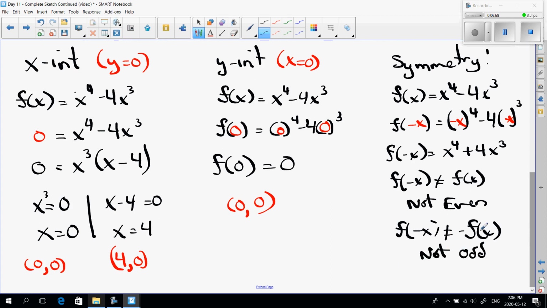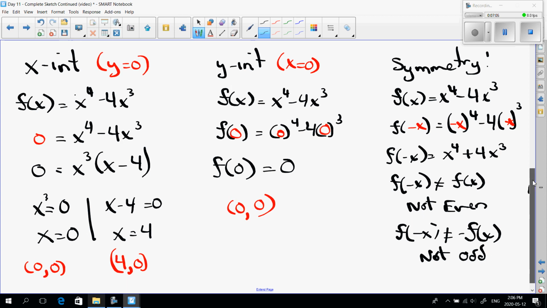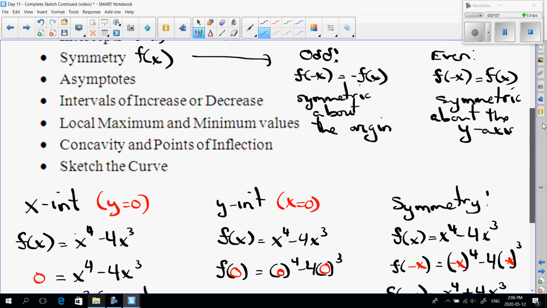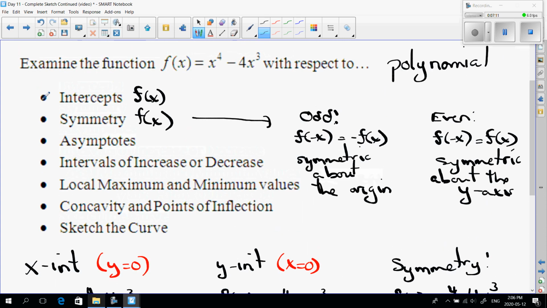Rather than saying all this, you could just say there is no symmetry. I'm just showing you that for the purpose of this video. Okay, so we've got our intercepts and we've got our symmetry. Now, for the asymptotes, these will only occur when we're looking at a rational function.